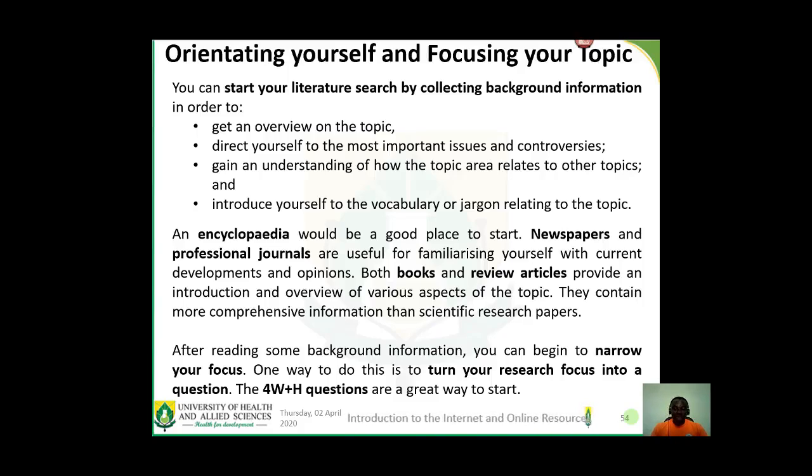Then you narrow down, come down through secondary sources before you move into primary sources such as your own empirical data collection through interviews and all of that. That is actually the time-tested process for conducting your research. And we see that after reading these sources, you really get to focus your own topic.